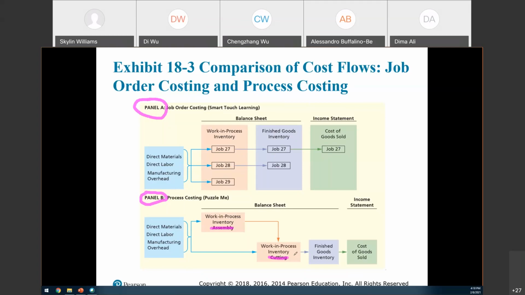The costs incurred in the first process are transferred to the second process. The costs incurred in the first process and second process are then transferred into finished goods inventory directly. And as you know, when the puzzles are sold, these costs are transferred from finished goods inventory account to COGS, cost of goods sold.